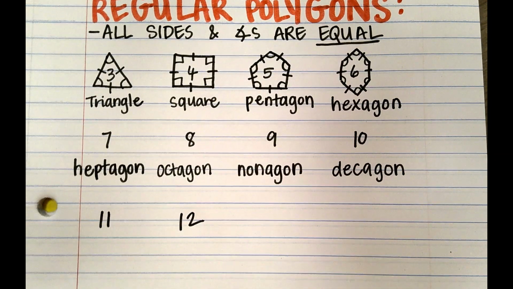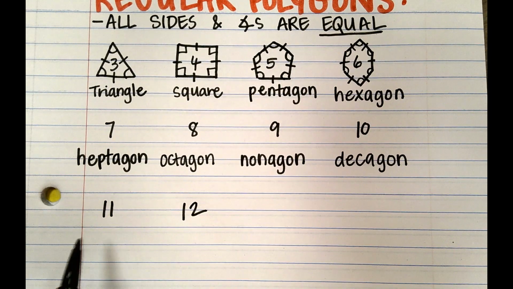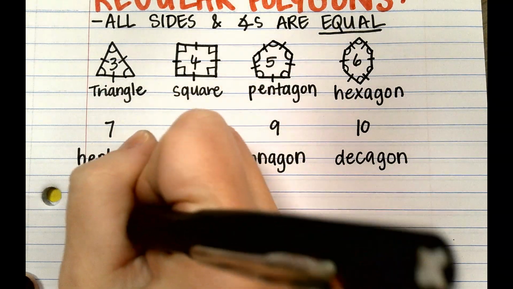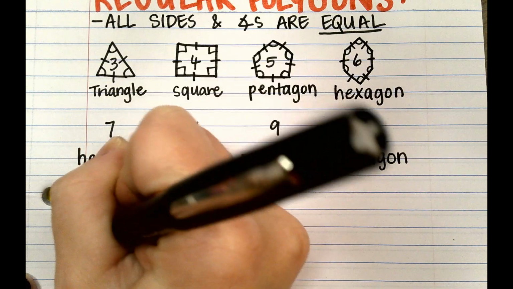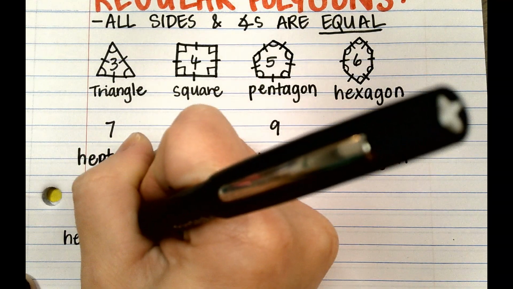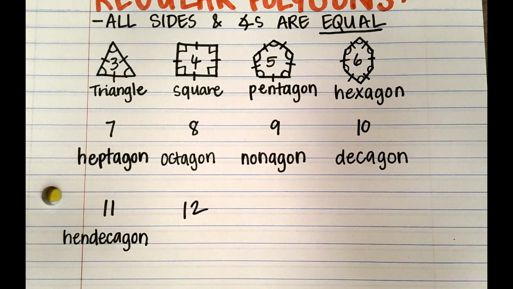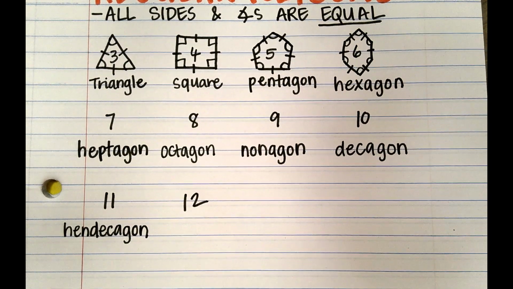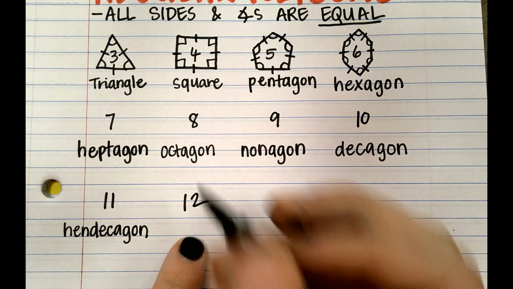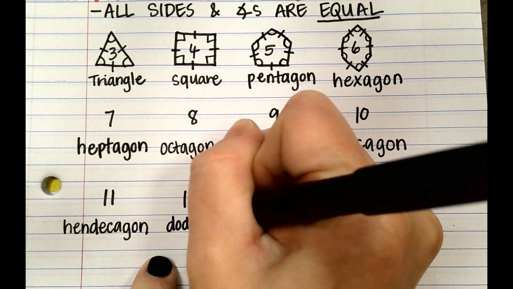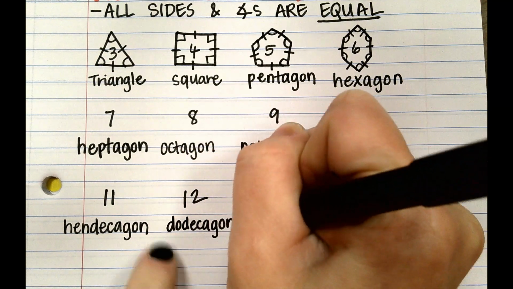We'll go just to 12 for now. 11 would be called a hendecagon. I don't know why. I'm sure there's some reason for that. Hendecagon is 11 sides. And 12 sides is a dodecagon.